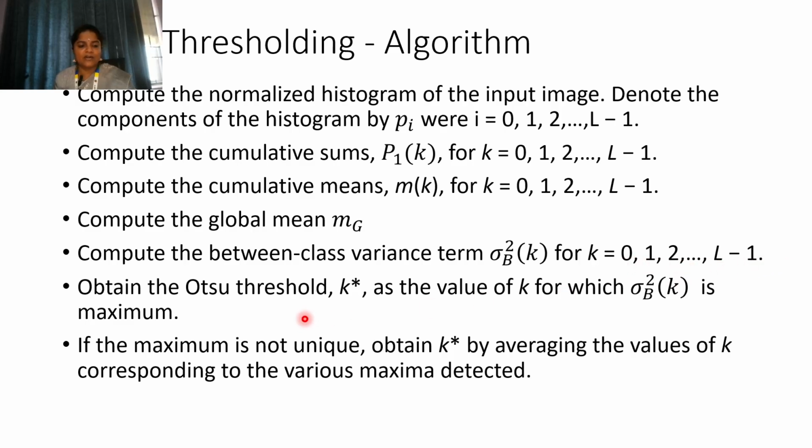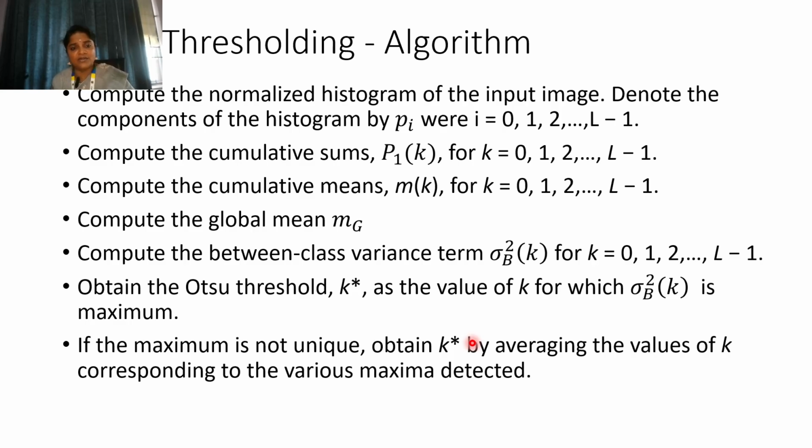So we are going to choose the optimum threshold, which is the intensity value k for which sigma b square of k is maximum. If we are not able to get a unique k value, I mean a single intensity does not give the maximum between class variance, we choose all the intensities giving the maximum between class variance and take the average of them.